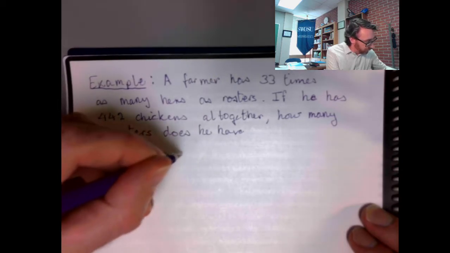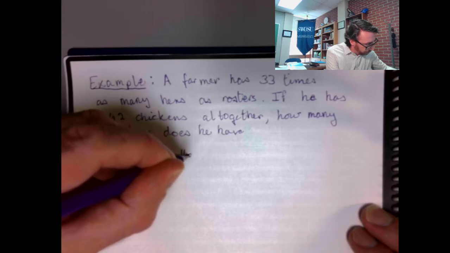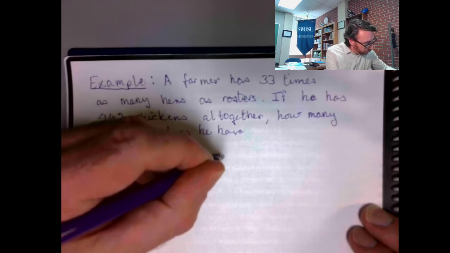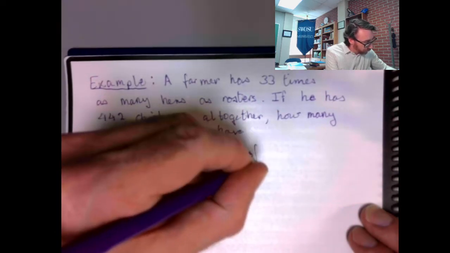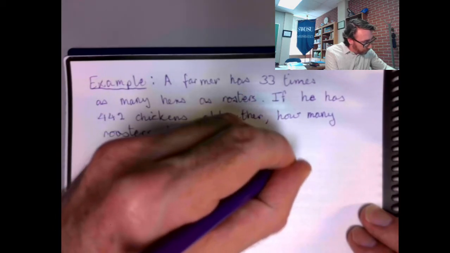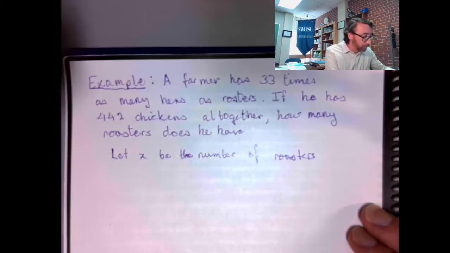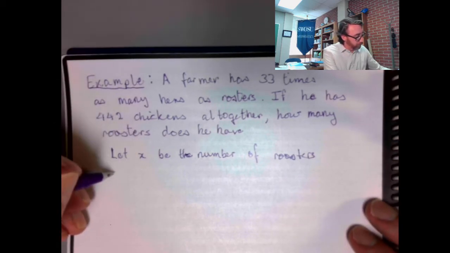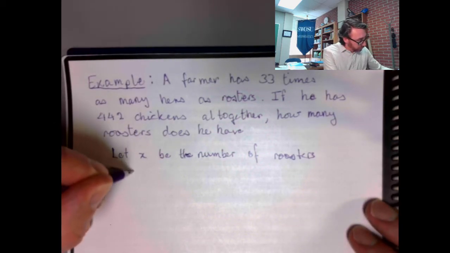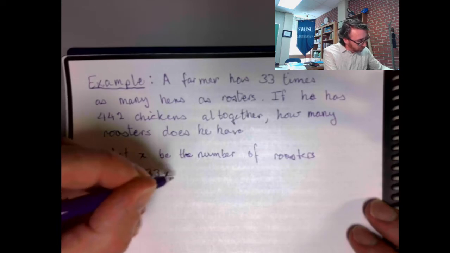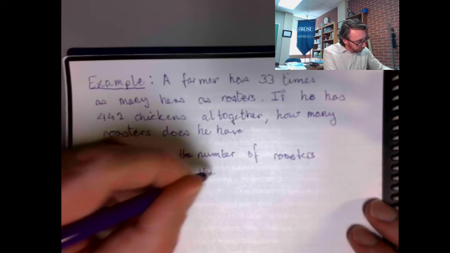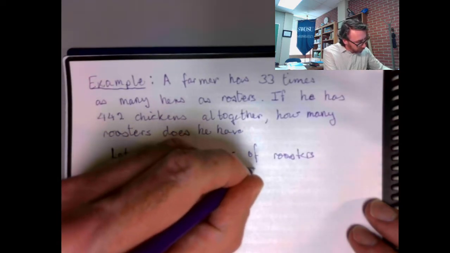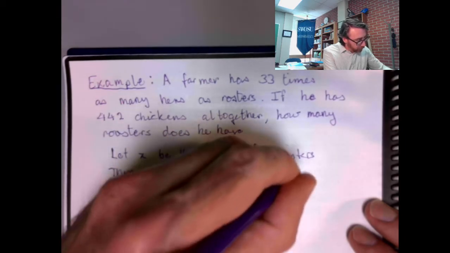Let X be the number of roosters. So X is going to be the number of roosters. Then 33X is the number of hens.